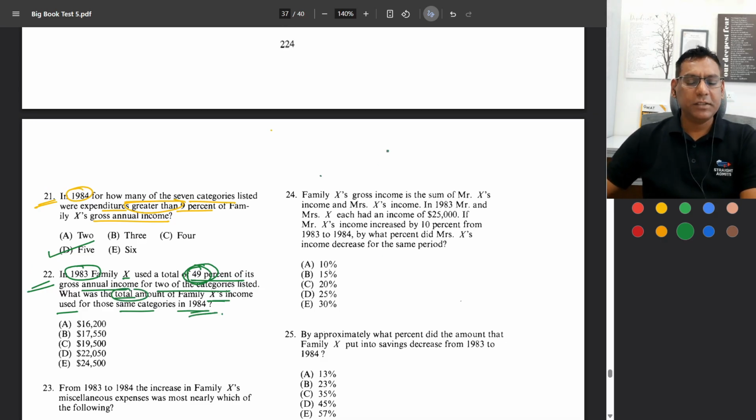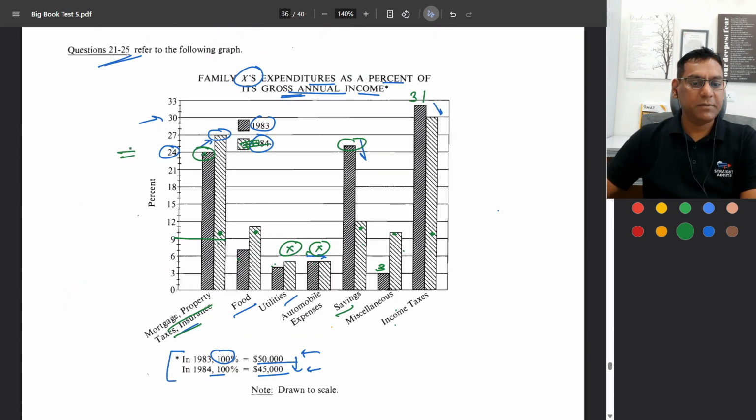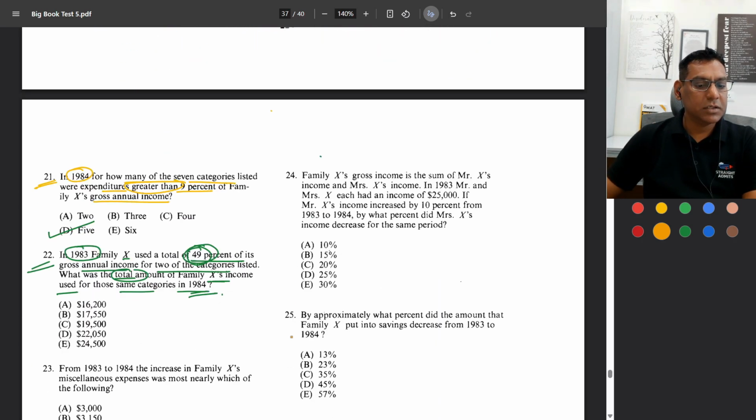Okay, so first I'll have to get the percentage because this graph is in percentage. Let's find out the percentage in 1984. Percentage in 1984 is going to be 27 plus 12. So it was 39%. 39% of what? Of 45,000. Right? Because the answer choices are in dollars.